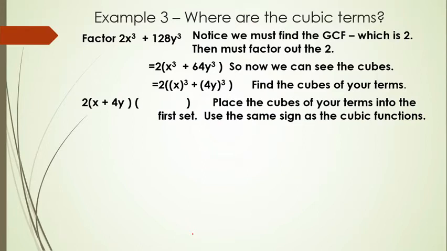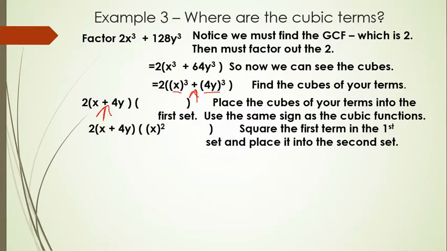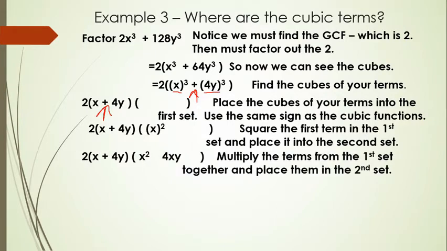So we're going to place the cubes of the term into the first set. And again, it is the same sign as what is in the problem. We're going to square the first term in the first set and place it into the second set. We're going to multiply the terms from the first set together and place them into the second set.